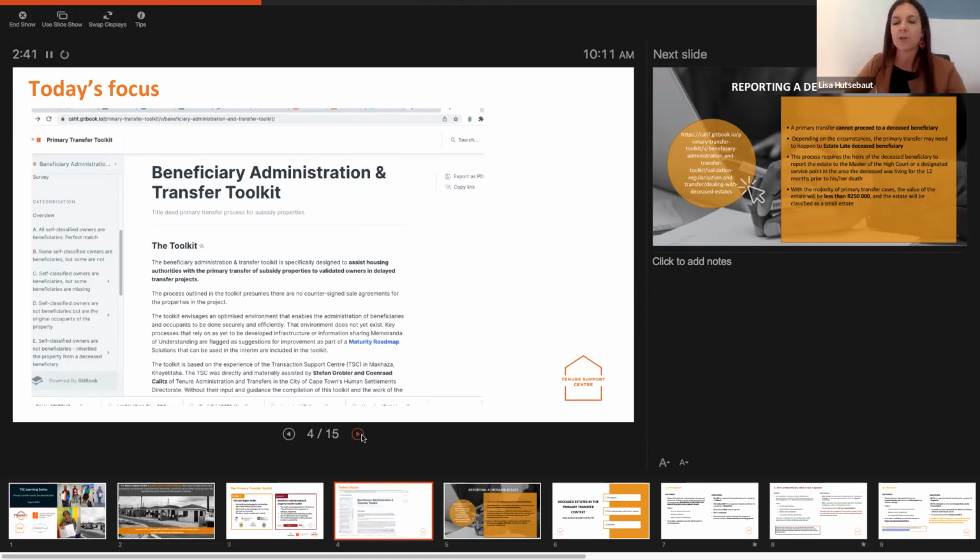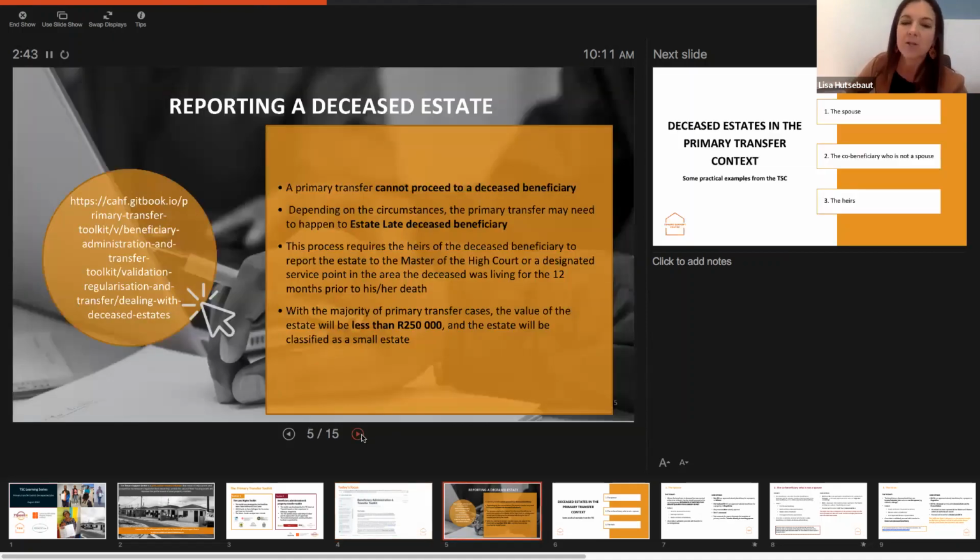And what we're going to focus on today, we're going to dive straight into one particular area of blockages with primary transfers, which is deceased estates. So we all know it's inevitable that people will eventually pass away.